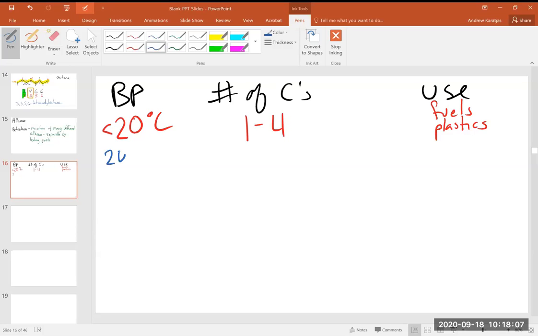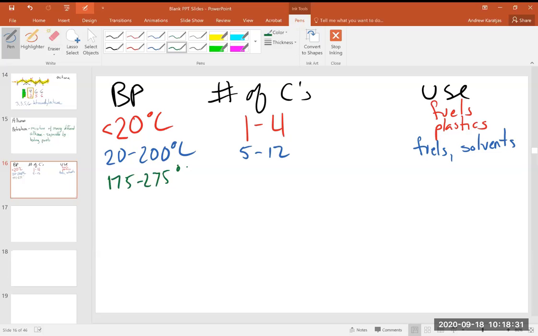As our boiling point goes up, so does our number of carbons. We also find a lot of fuels, or gas for our car in this range, and we find a lot of common solvents. Going slightly higher, that gets us about 12 to 16 carbons.